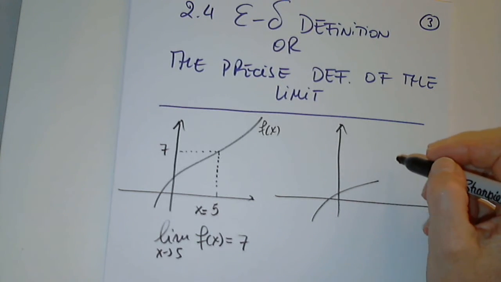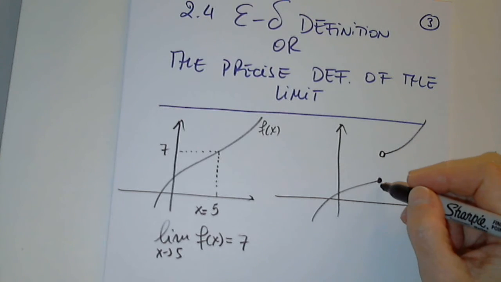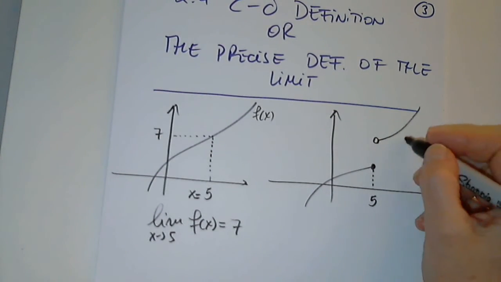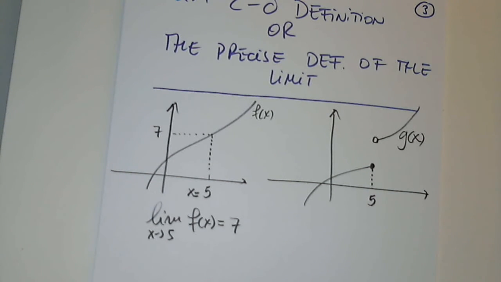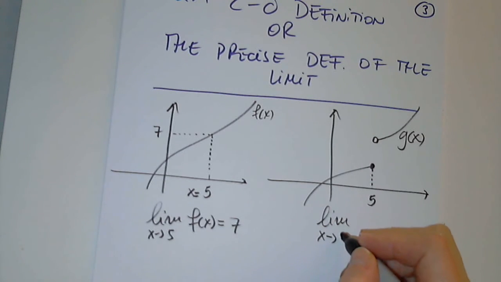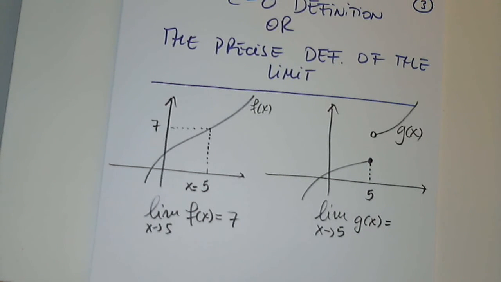I'm going to look at a different example with a different function, let's say g of x. And I'm going to ask you what is the limit as x approaches 5 from either side of g of x. Not from the left, not from the right, but from either side.